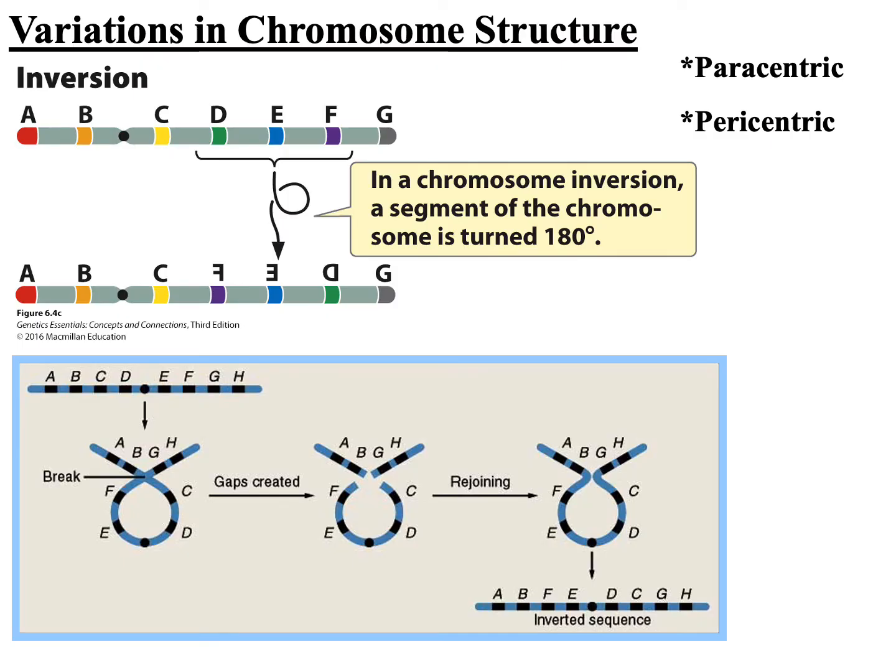The next example of chromosomal abnormality is what's known as an inversion. Just a few slides ago, I mentioned the fact that chromosomes are not hard, fixed, rigid structures. They are soft, pliable, flexible structures. And as such, these chromosomes can form loops like you see in the bottom panel of this particular slide.